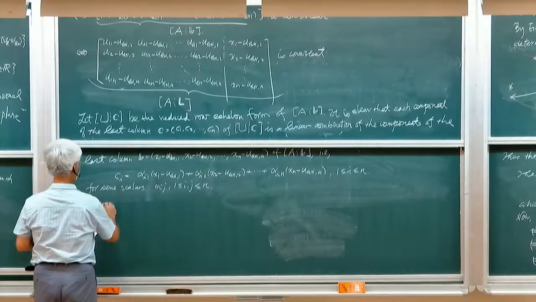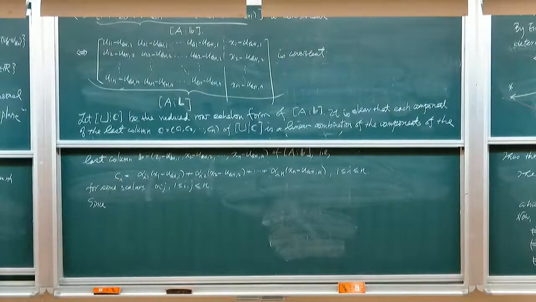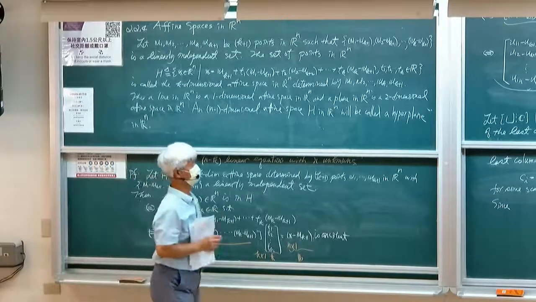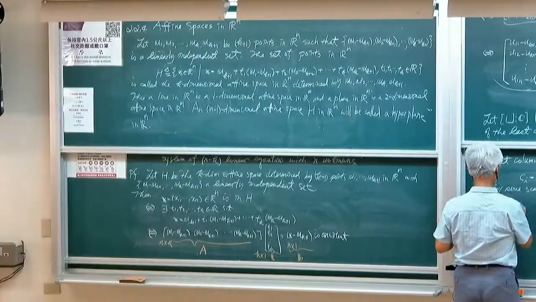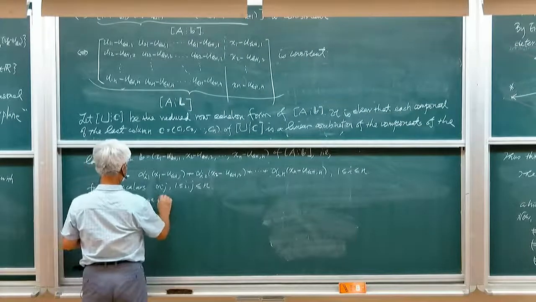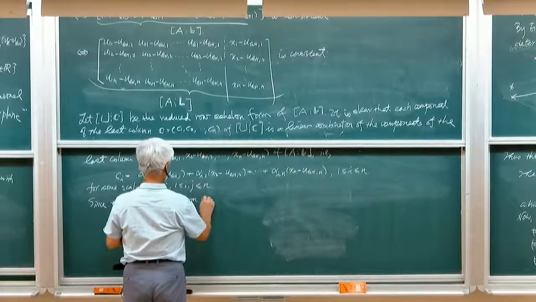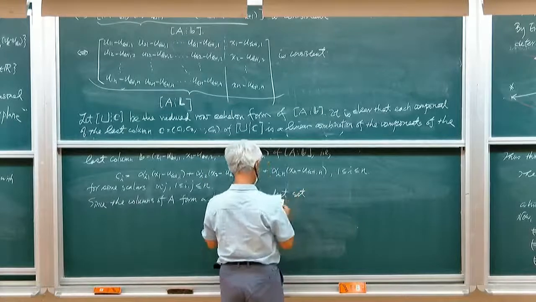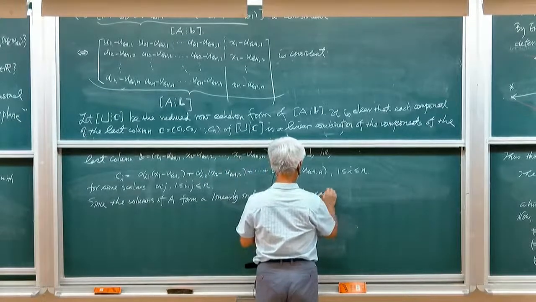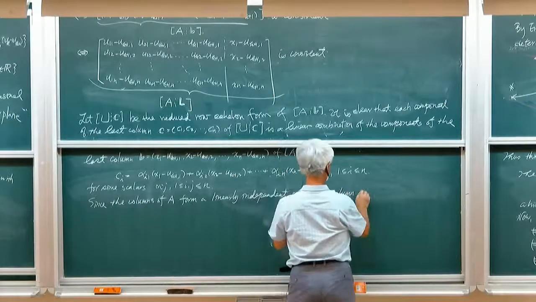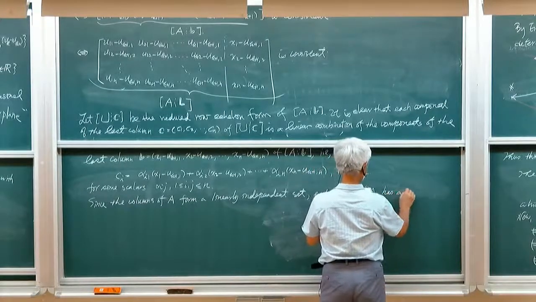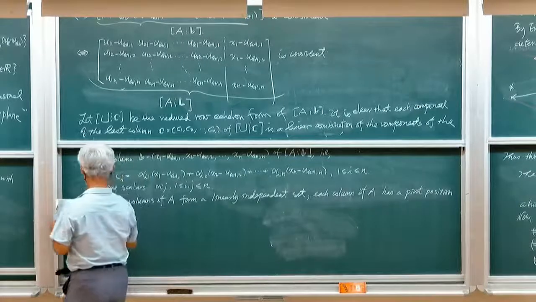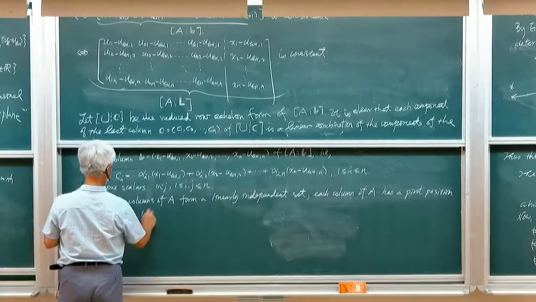Now, as we know, these vectors form columns of A. So, since the columns of A form a linearly independent set, each column of A has a pivot position, by theorem 1.3.13.